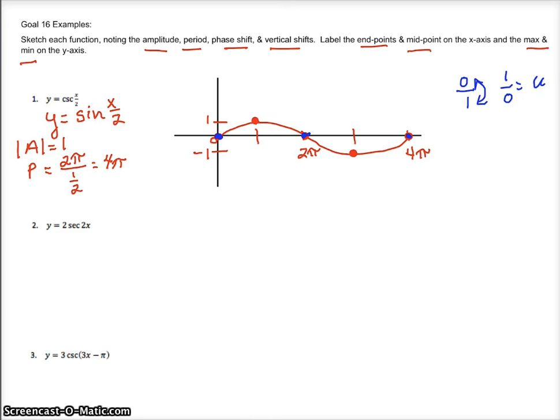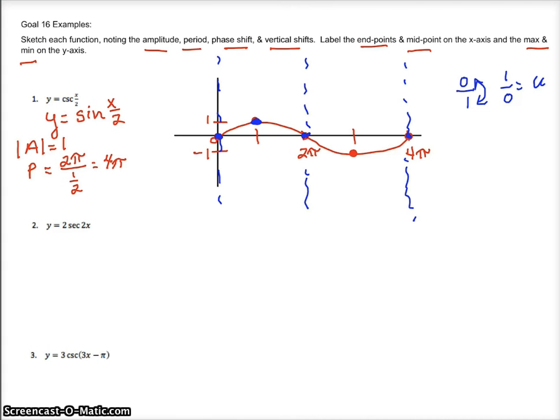And to show that our function is undefined, we would place vertical asymptotes everywhere that the sine function is equal to 0. The max point is 1, so where sine equals 1, cosecant will equal the reciprocal of that. The reciprocal of 1 is 1.